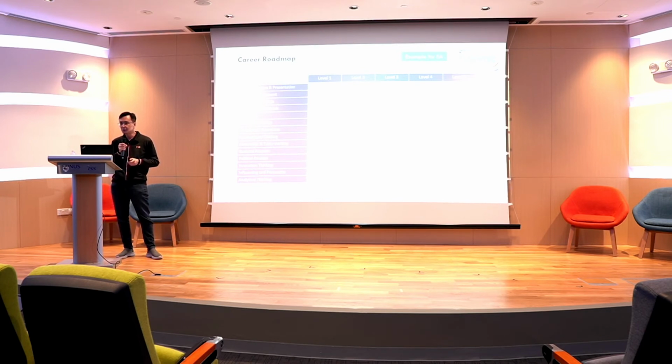So to be an architect, and this is an example for enterprise architect, you are not expected to have just architecture or technical skills, but you need to have more than that.